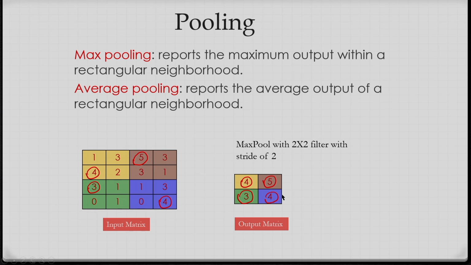So that is the output matrix after max pooling. That means I am reducing the size of the feature map. The feature map is obtained by the process of convolution, and after this we can consider max pooling so that the size of the feature map can be reduced.